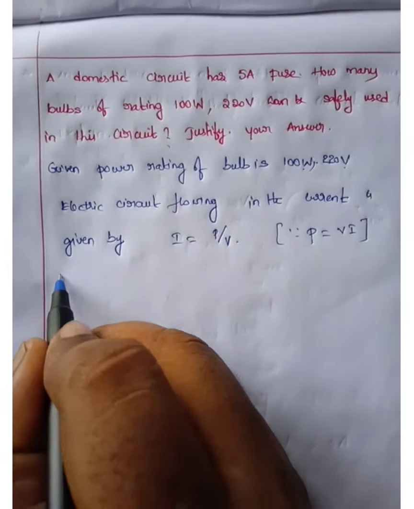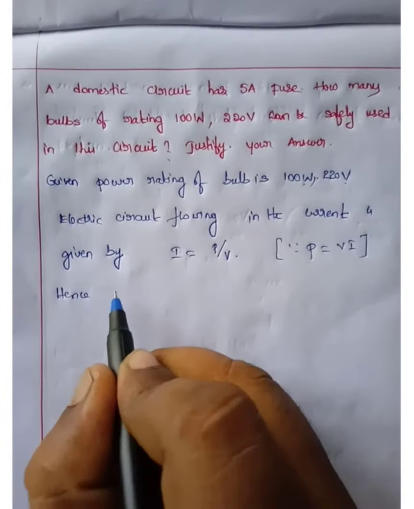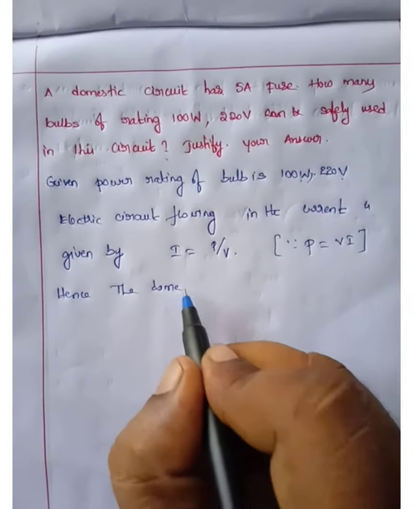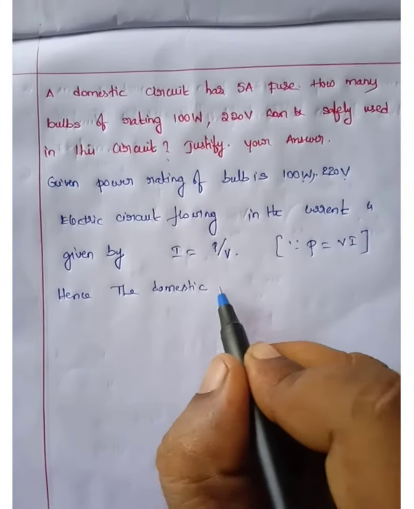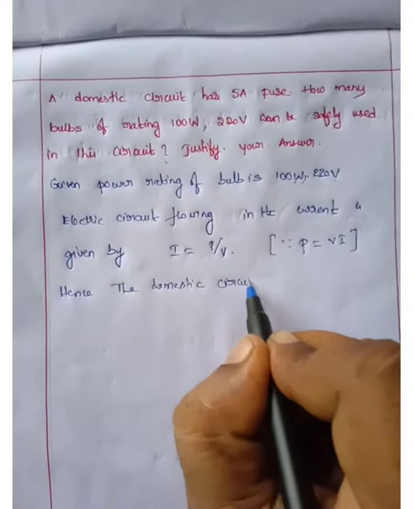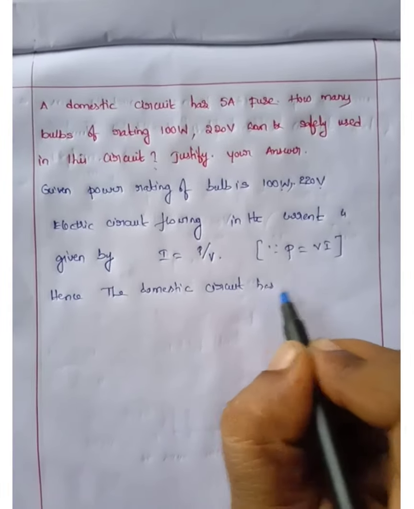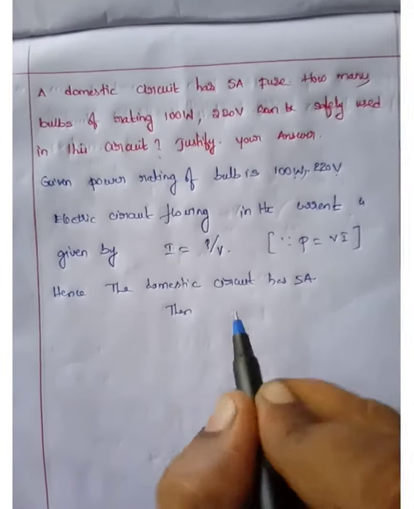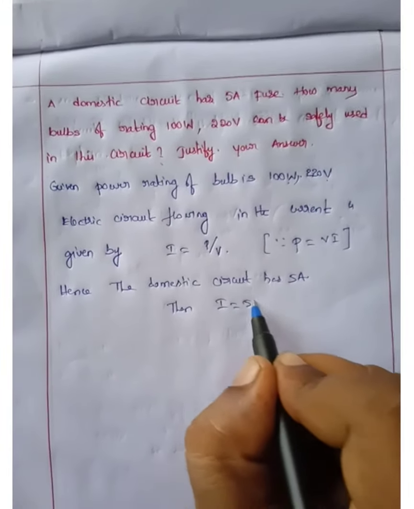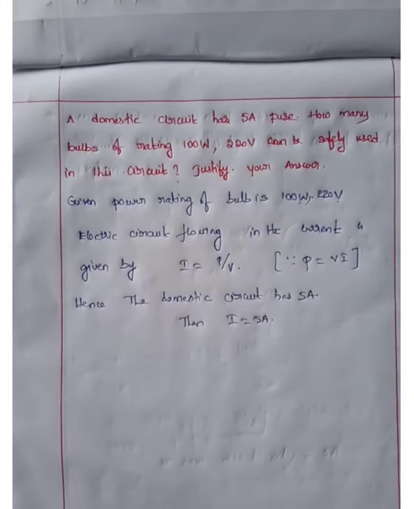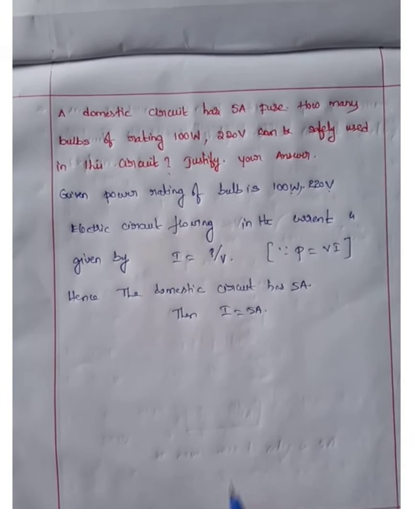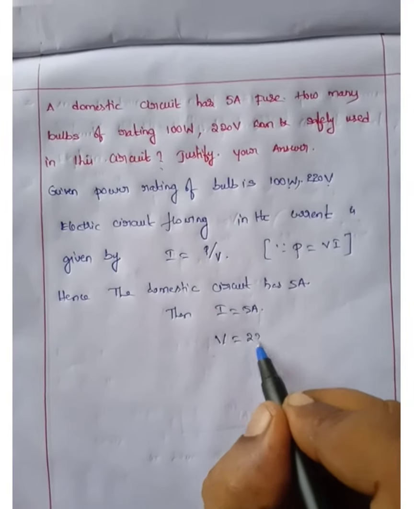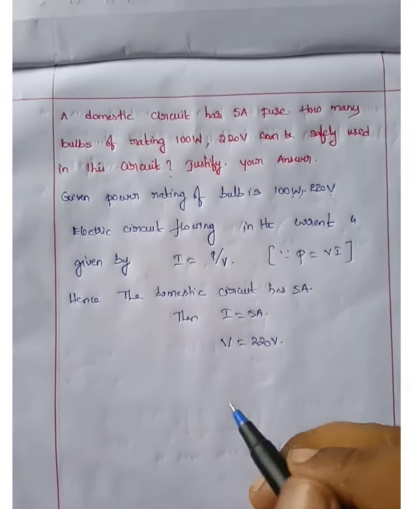Now the domestic circuit has a 5 ampere fuse, so I is equal to 5 amperes. And V is equal to 220 volts.